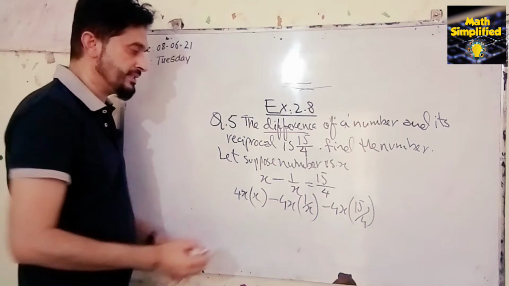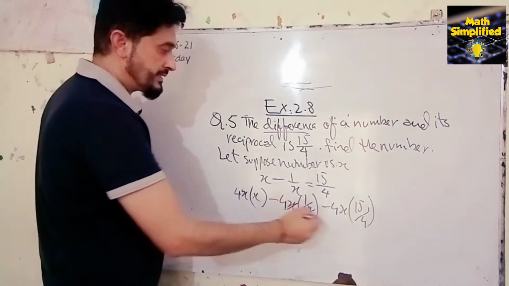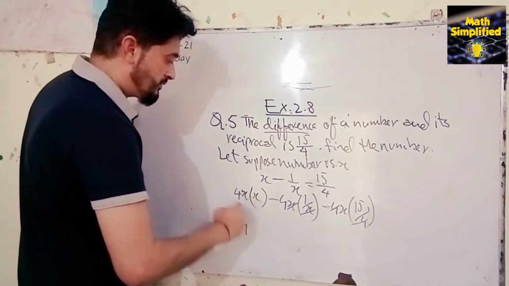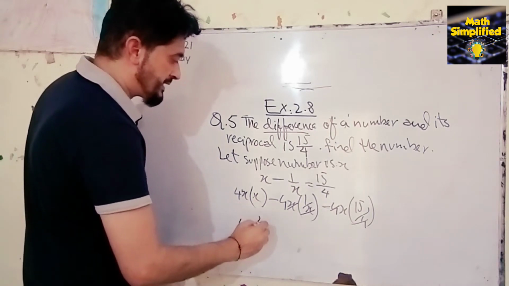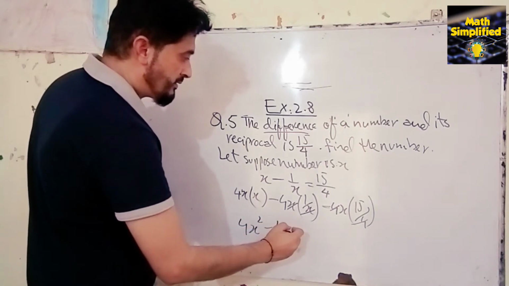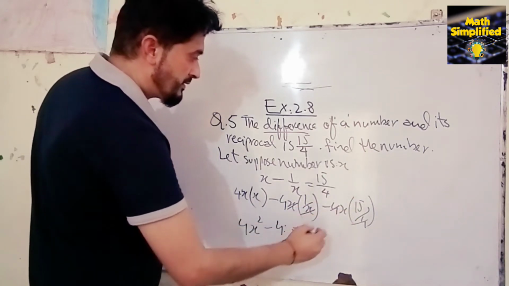Now cancel the denominators and see what is left. 4x multiplied with x will be 4x square. Here we have 4 left, and on the other side we have 15x.